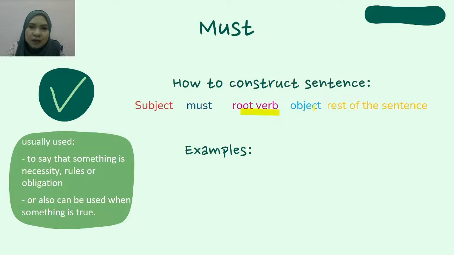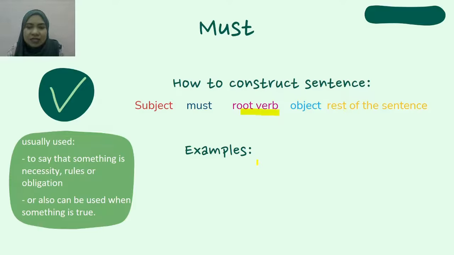Okay, another example, if I have the word cook. Cook is the root verb. Cooking, cooks is not a root verb. Object, rest of the sentence. Again, subject followed by must, root verb, object, rest of the sentence.